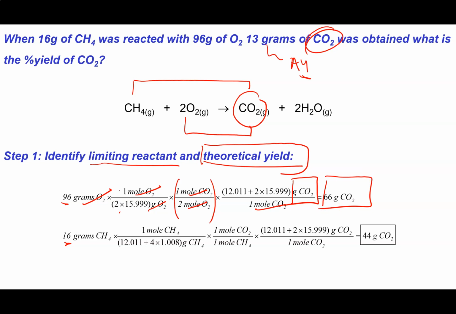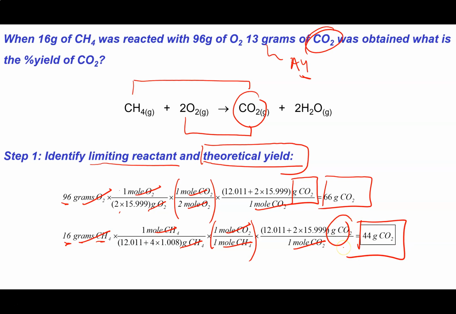I go through the same process with the methane. 16 grams of methane, multiplied by 1 on its molar mass, gives me moles of methane. Then I multiply by the appropriate mole ratio. I get 1 mole of CO2 for every 1 mole of CH4. Cancelling units gives me moles of CO2. Finally I multiply by the molar mass of CO2, and that gives me grams of CO2.